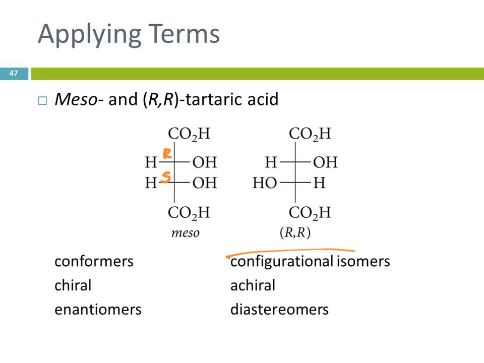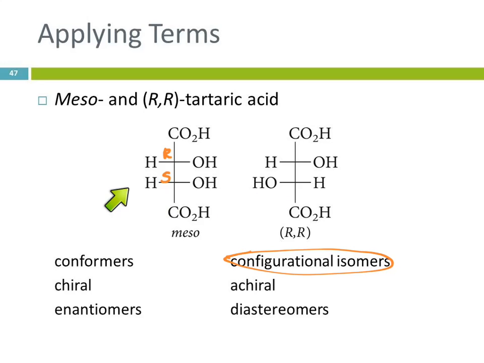They're configurational isomers. I can't convert one into the other just by twisting. It's not going to work. You can't convert an R into an S or an S into an R just by twisting things around. You have to pull pieces off and stick them back in different orders.